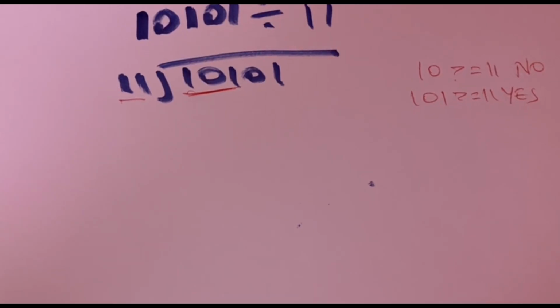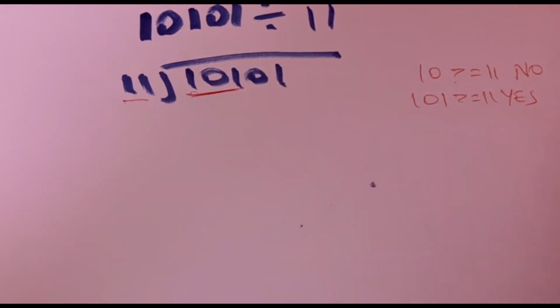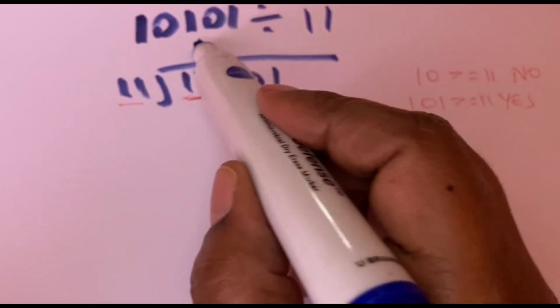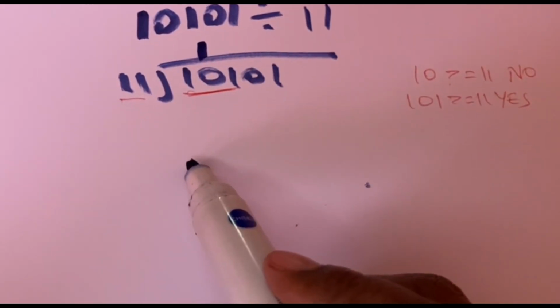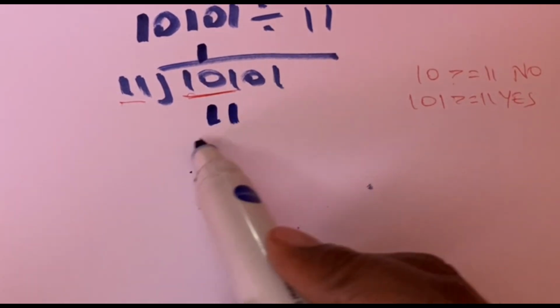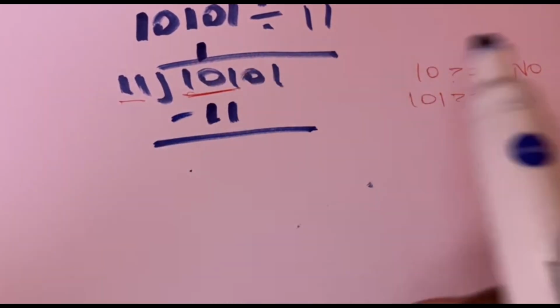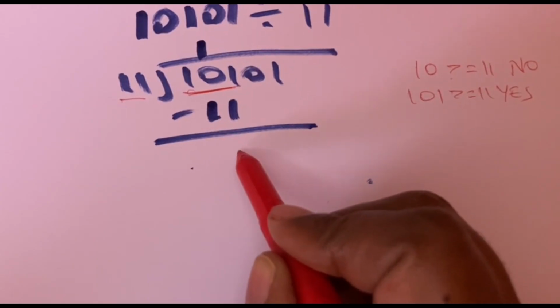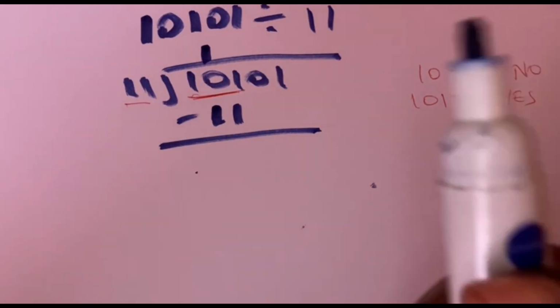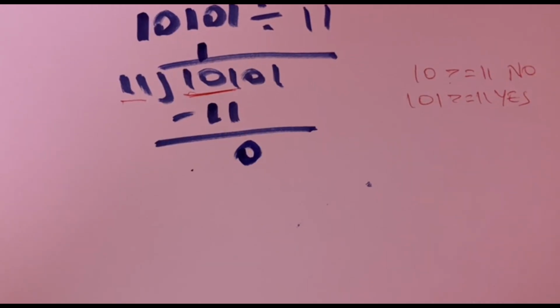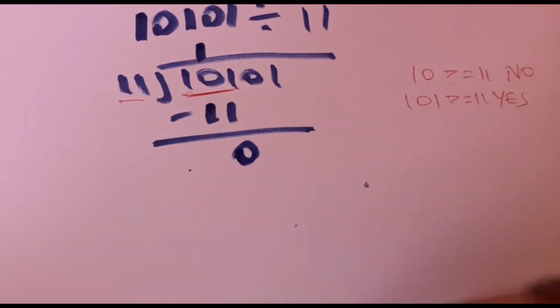Okay, so how many times does 11 go into 101? 1 times. 1 times 11 is 11. Subtract: 1 minus 1 is 0. 0 minus 1 cannot do, so let's borrow from here.